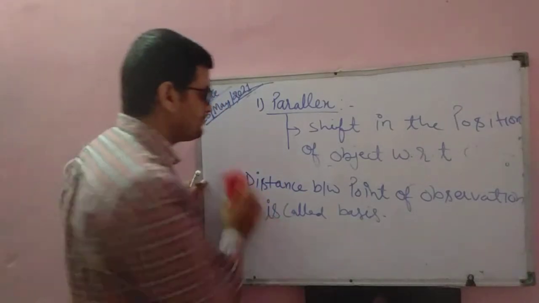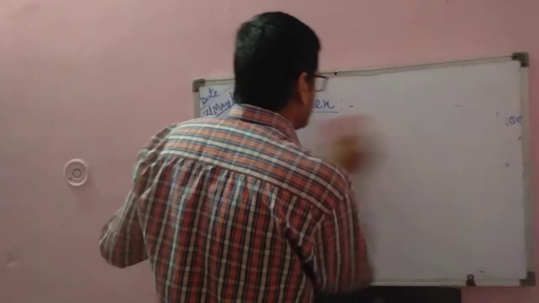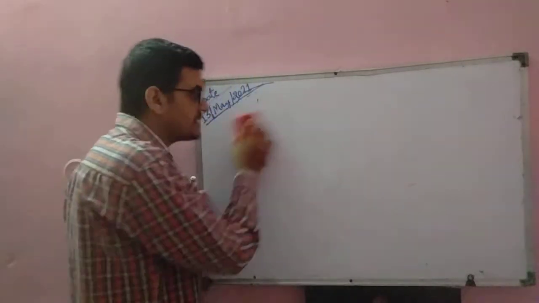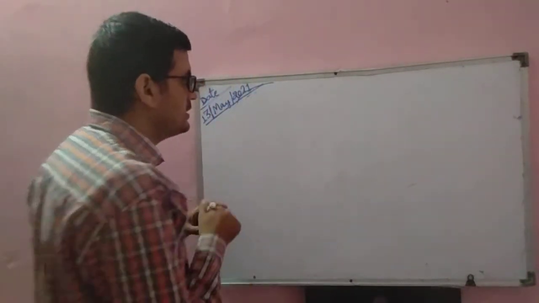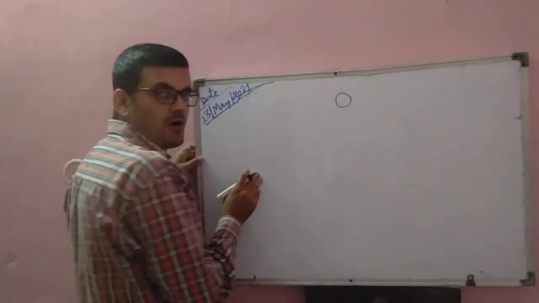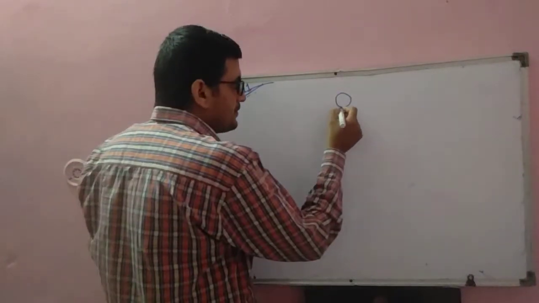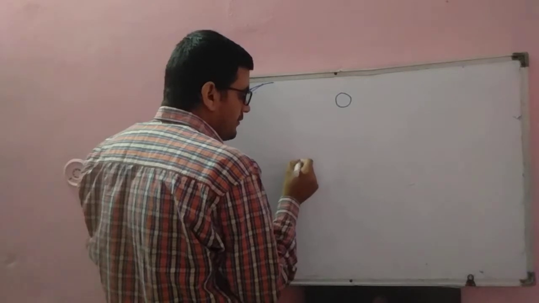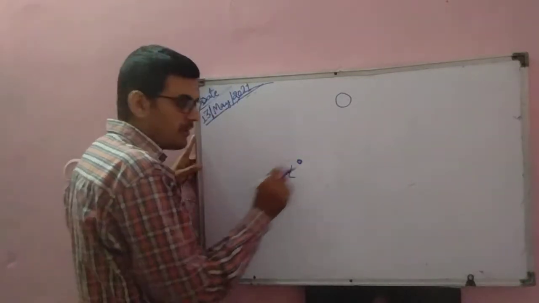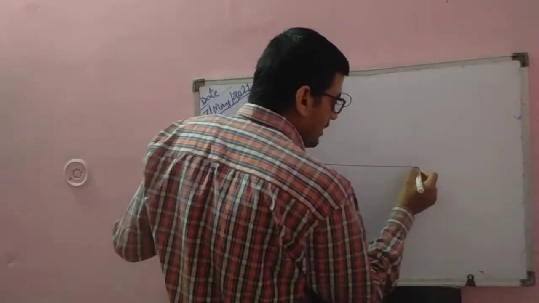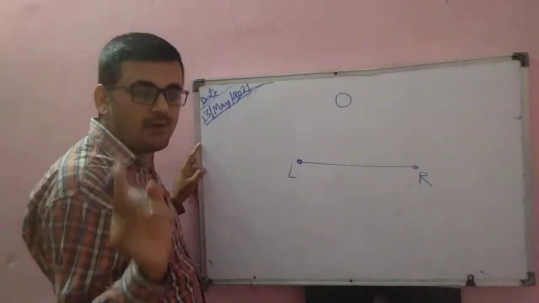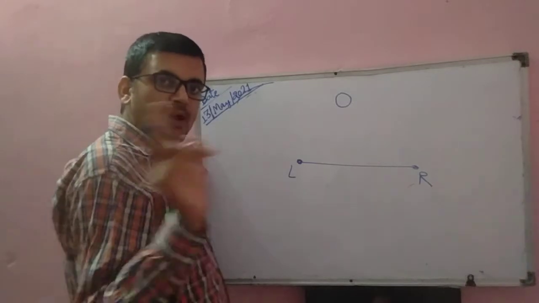Getting it? Now, how will we measure distance using this parallax method? Student, suppose this is the object, and this one is the left point of observation and this is the right point of observation. I have told you we will change the point of observation.